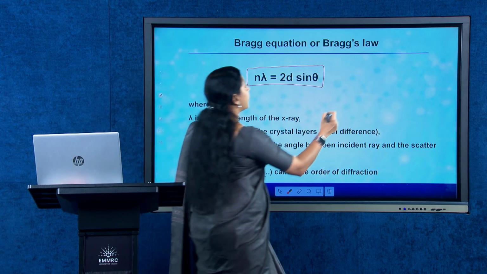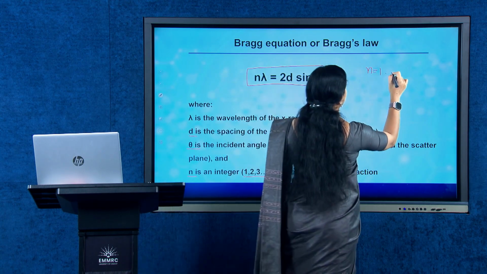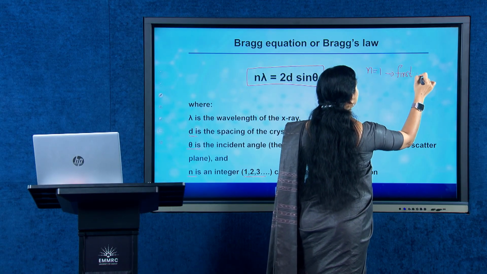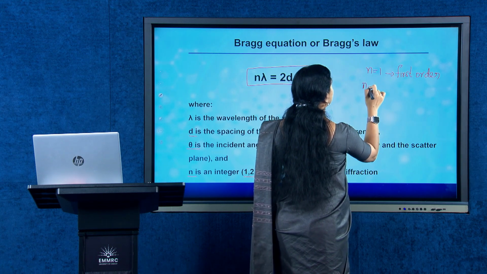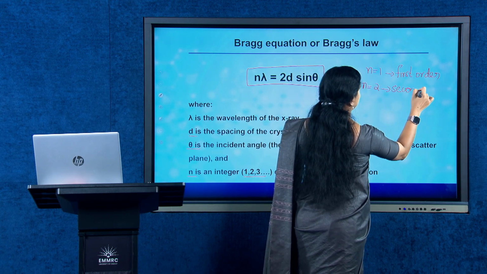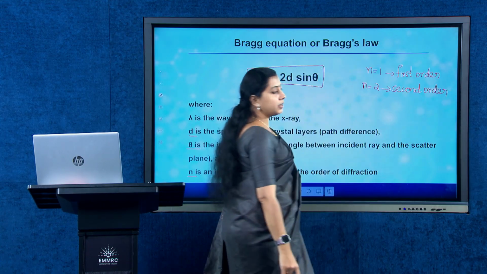If n is equal to 1, we may call it a first order diffraction. If n equals 2, it is a second order diffraction. If n equals 3, it is a third order diffraction, and so on.